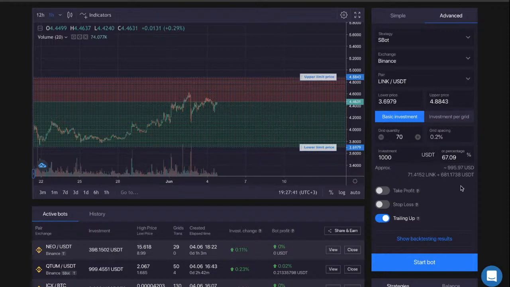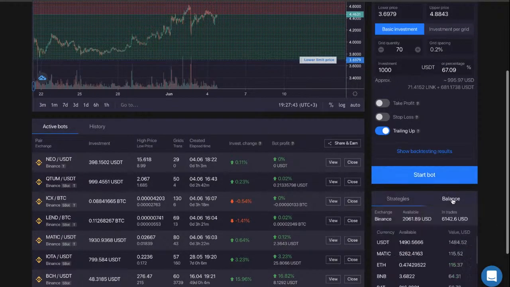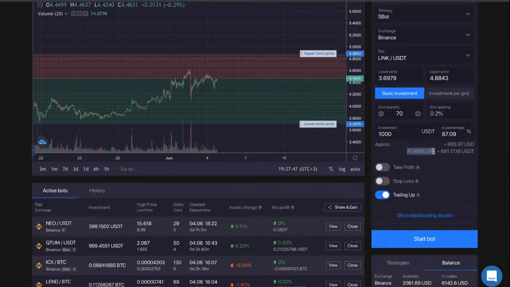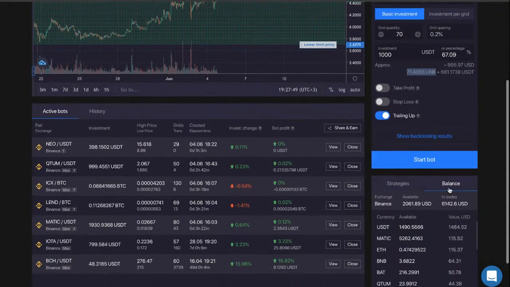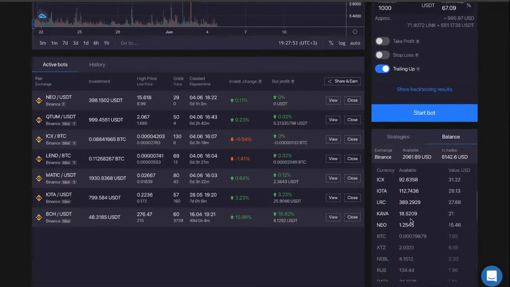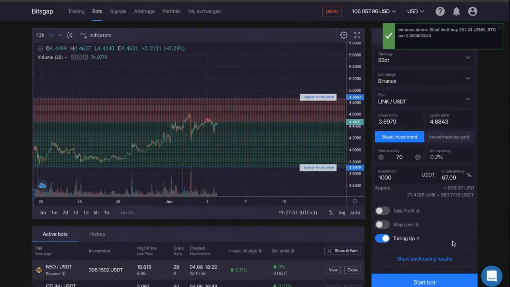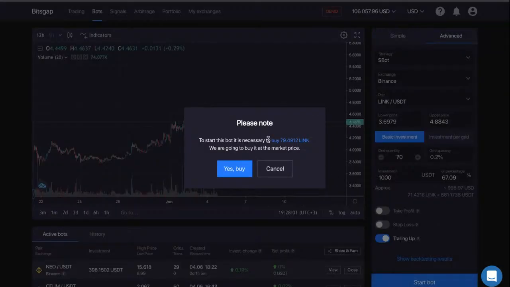As simple as that. And let's say you don't have enough LINK on your balance, because you see that here I clicked on balance and I don't see any LINK on my account. So when I click on start the bot, it will automatically send me a notification to buy that amount of LINK in order to initiate the bot.